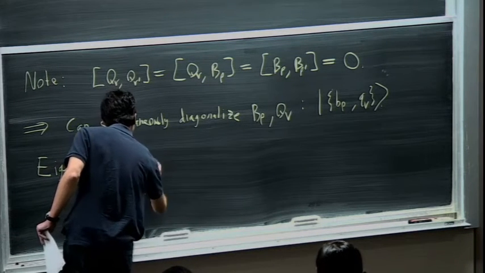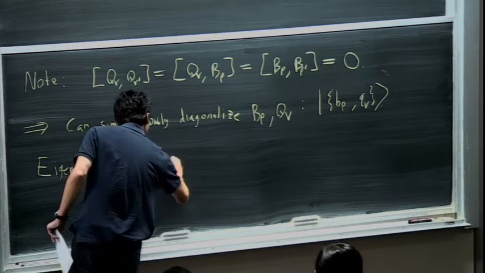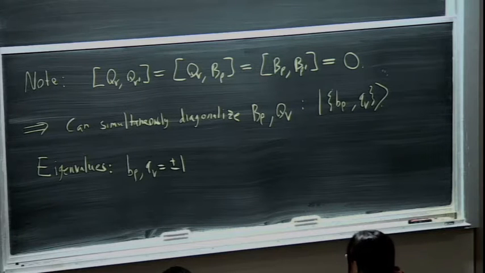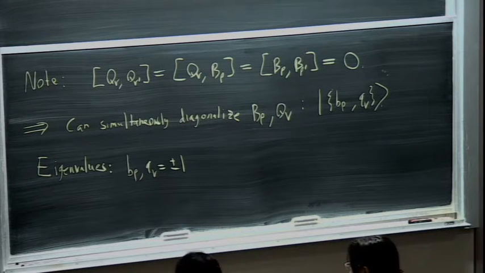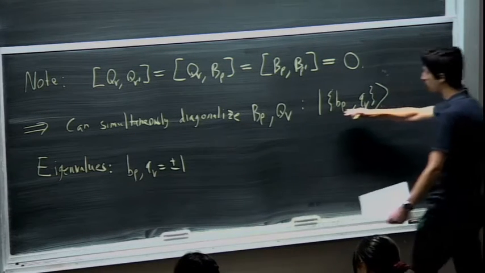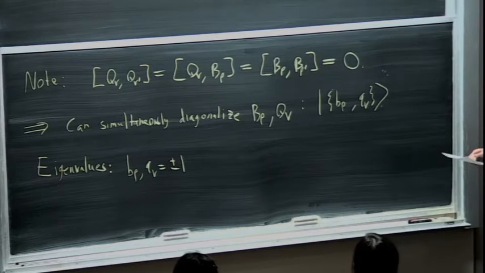So BP and QV can both be plus or minus 1. And that's easy to see because if you look at these operators, they square to 1. If I take QV and I square it, so sigma x squared is 1. So obviously QV squared is 1. And similarly, BP squared is 1. So the eigenvalues are plus and minus 1. So each state is labeled by a whole infinite sequence of plus and minus 1s.